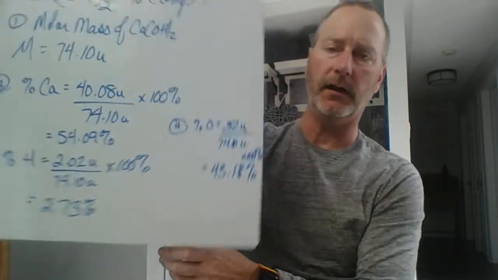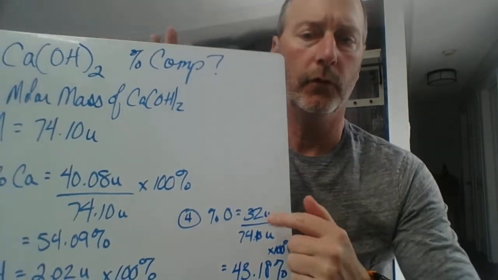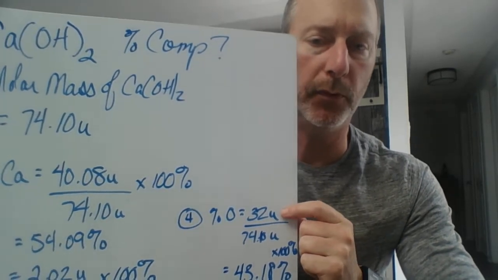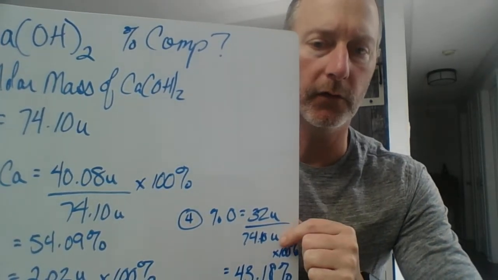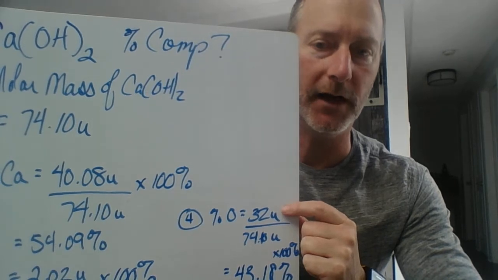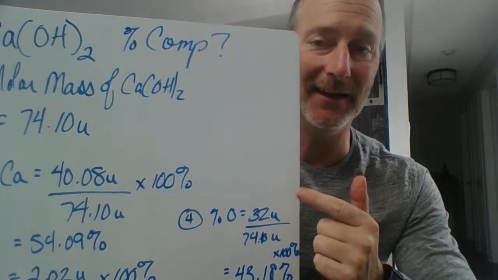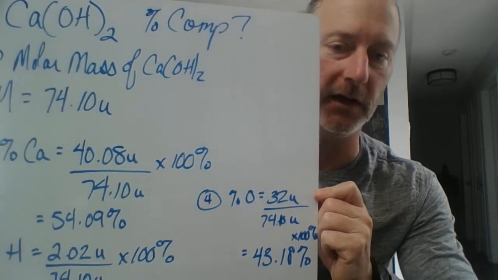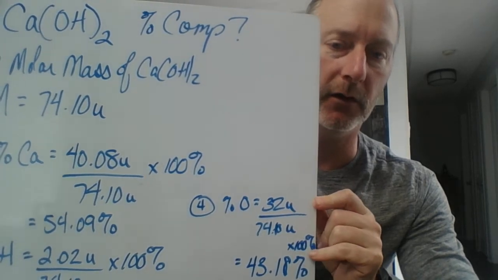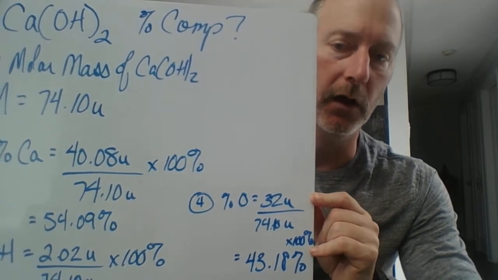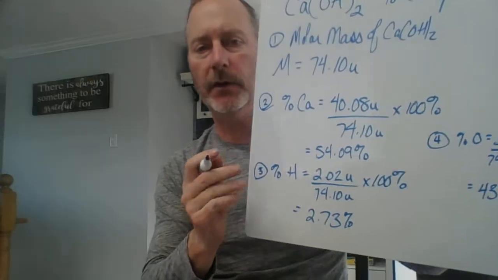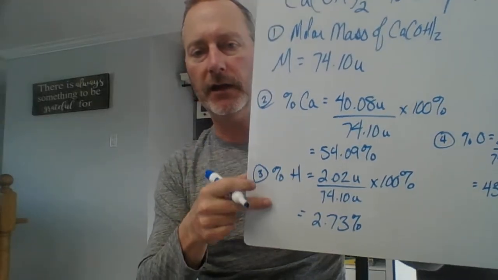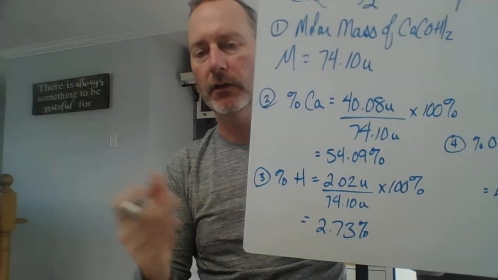Same rule applies when we're finding percent of oxygen: 32 over 74.10 because there are 2 oxygen atoms in this particular compound. So you've got to make sure you account for that in the total. The other way we could have found the percent of oxygen, real simple: 100 minus the amount we found for calcium minus the amount we found for hydrogen. The remaining percentage would be the oxygen.